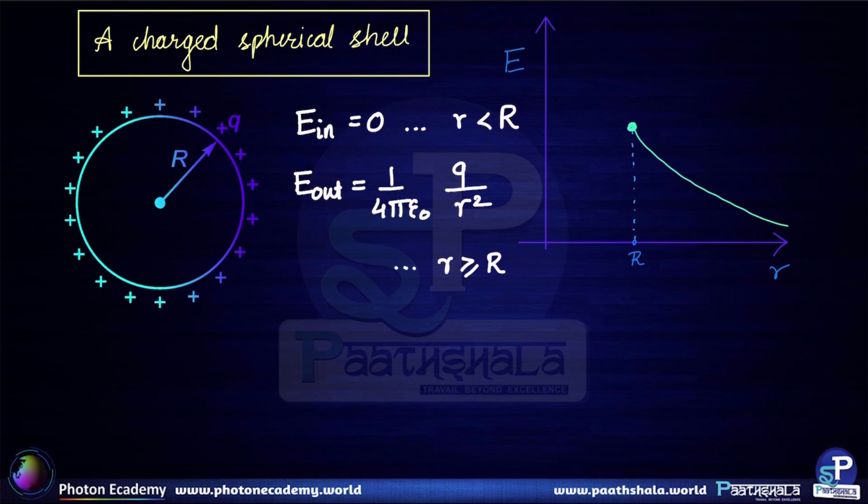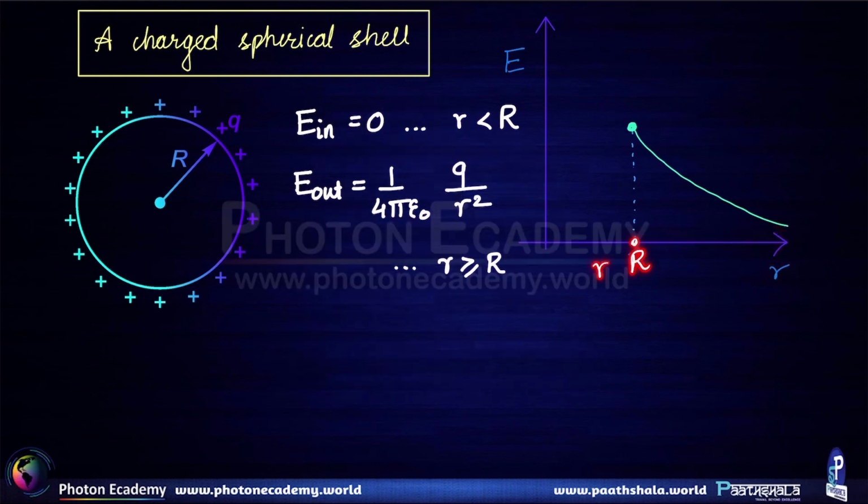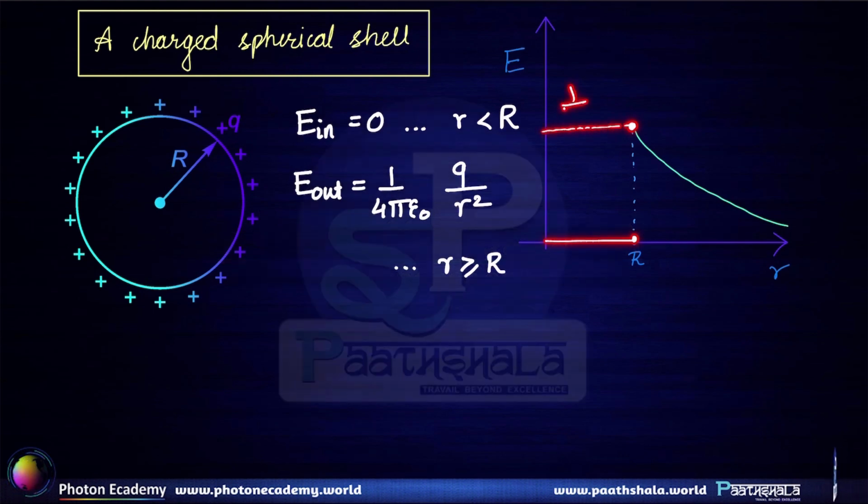If we plot this on a graph, on the x-axis we are plotting r, the distance from the center. Here we have this point wherein r is equal to capital R, the radius, and on the y-axis we are plotting the electric field. Inside, the electric field is 0, that's why we get this value. Then we get a sudden jump. This particular value of the electric field will be 1 upon 4 pi epsilon naught, q divided by r square.